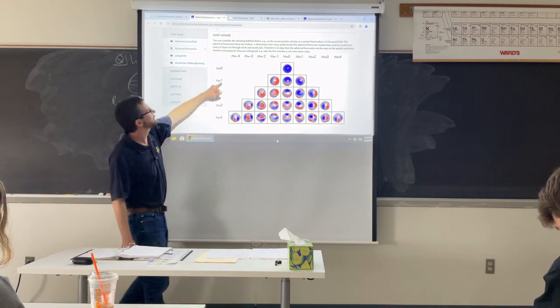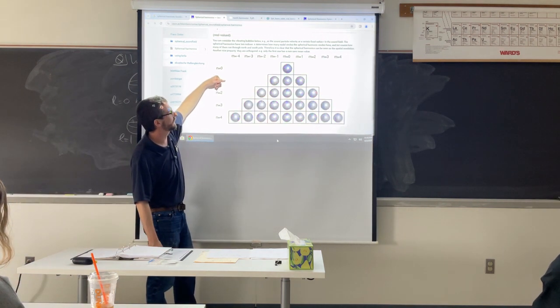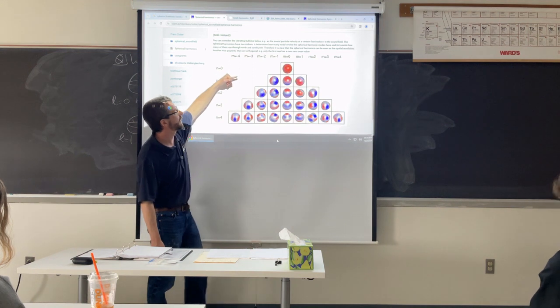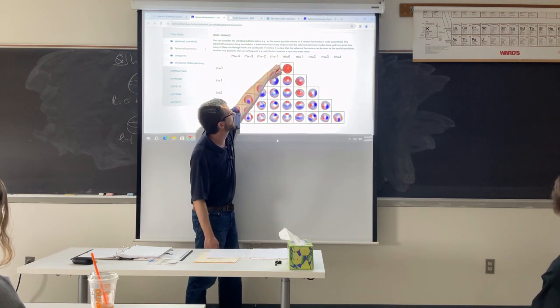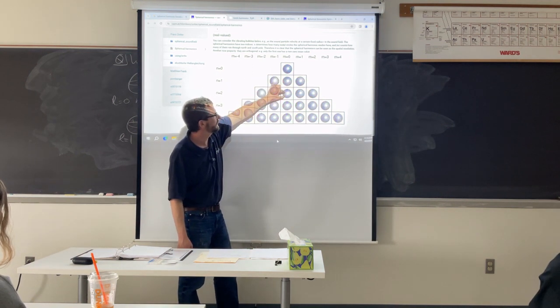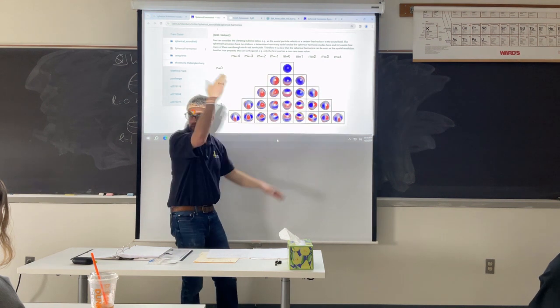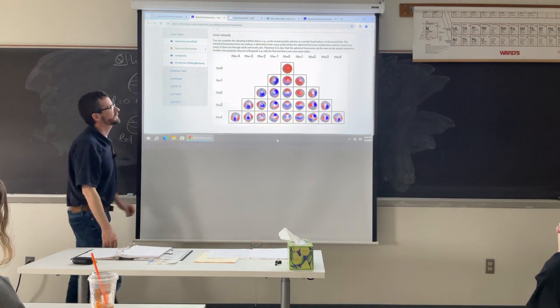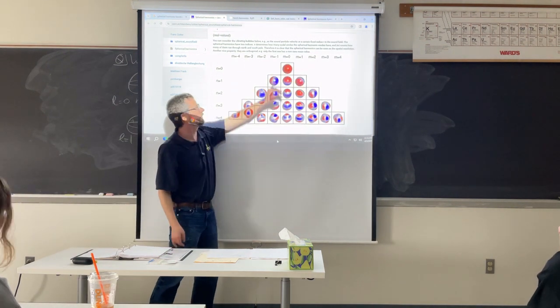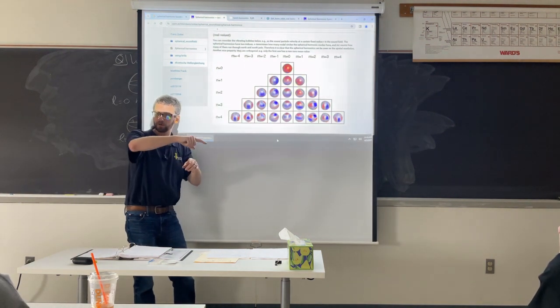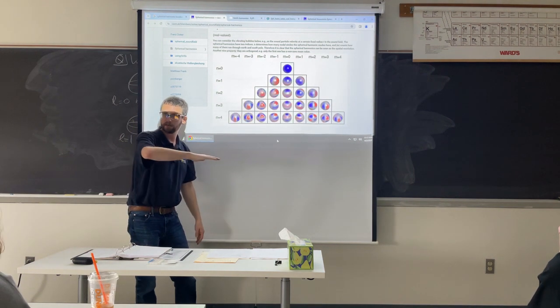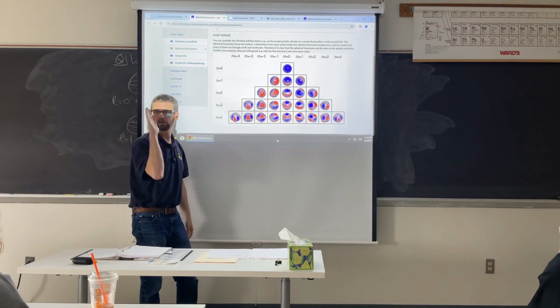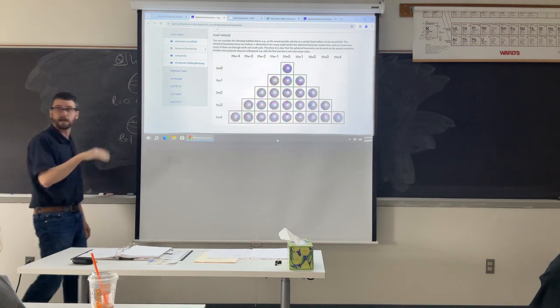But you can see if we're just increasing our L value, we keep on adding nodes along this direction of the poles. As we start adding M sub L values, we start introducing nodes along not only the horizontal, but also the vertical. Does that make sense?